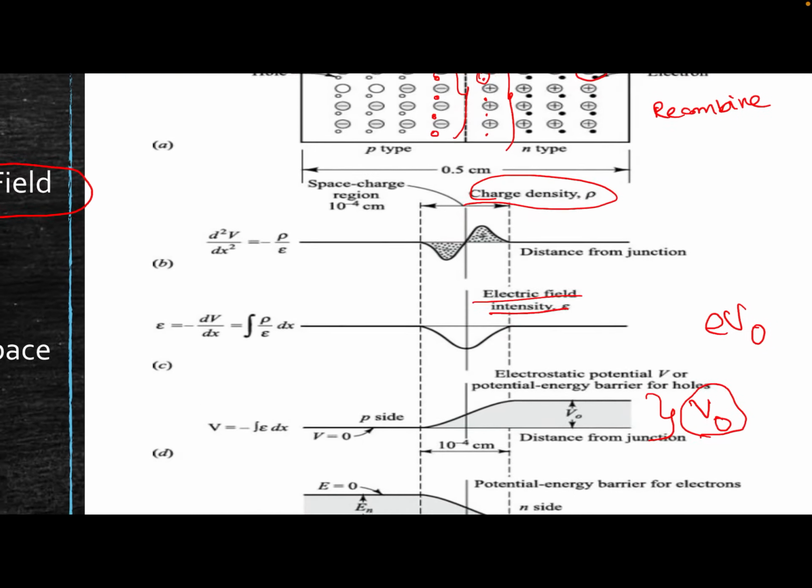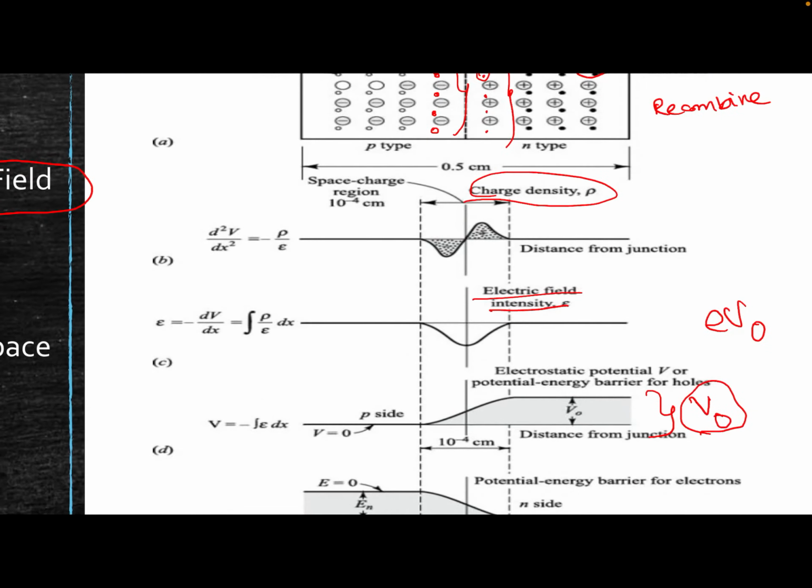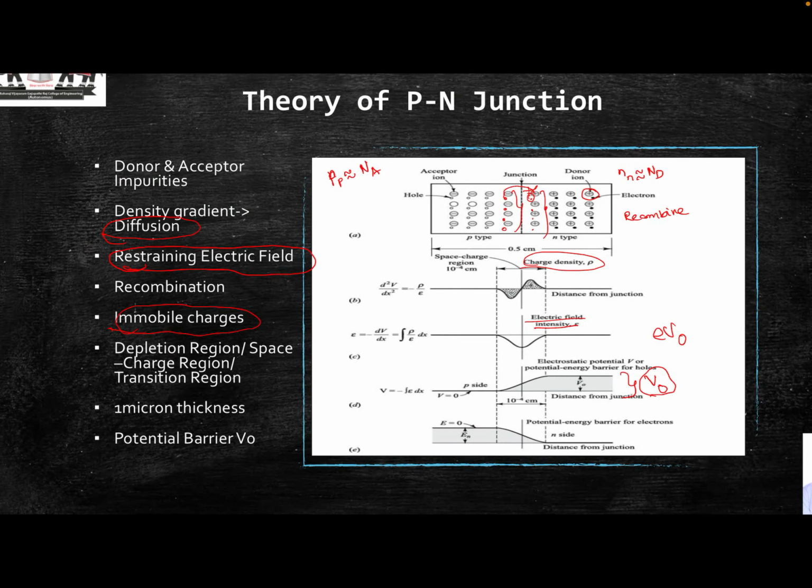Because they are large, they cannot move. Unless they are in motion, they cannot contribute to the flow of electricity. Electricity is nothing but flow of charges. If the charges are immobile, they cannot contribute to electricity.